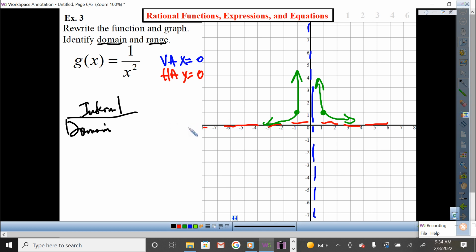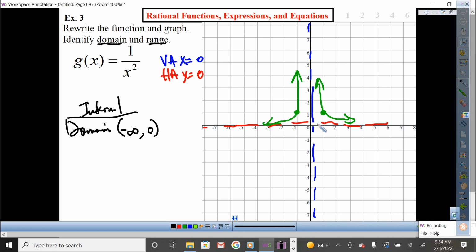That means it keeps going to what? Negative infinity. That is correct. And if I keep going to the right, where would it stop? At 0. So it's negative infinity to 0, and it's parentheses and parentheses. Why? Because we never get to infinity, and the 0 is not included because it's what? Undefined.